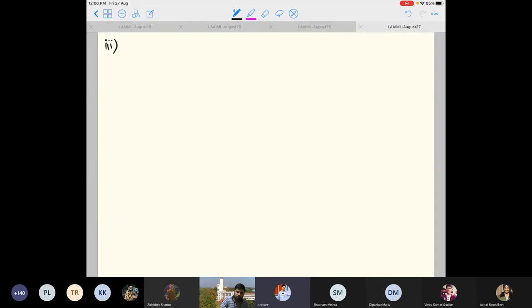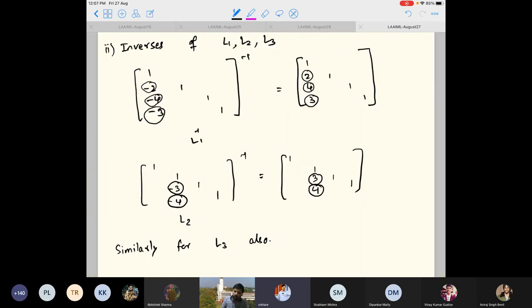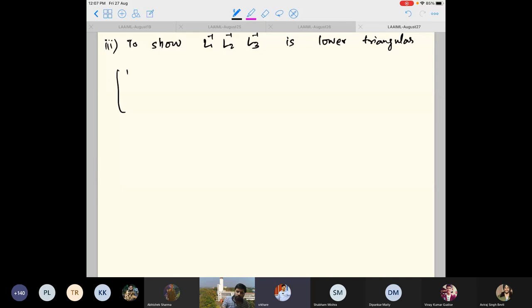Now what is the third thing? The third thing is to show that the product L1 inverse, L2 inverse, L3 inverse is lower triangular. Okay, this is also wonderful. So what is the inverse? 1, 2, 4, 3, then you had 1, 1, right? This was your L1 inverse.